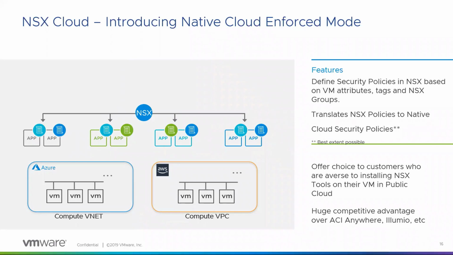Now, something to be mindful of with this is, when you choose the option as to the enforcement mode, whether it's going to be NSX-T agent enforcement mode or cloud-based enforcement mode, you do it on a per VNet or VPC basis. In other words, this illustration here is showing me where I have Azure on one side and AWS on the other. Let's assume they were both AWS, right, as opposed to Azure.